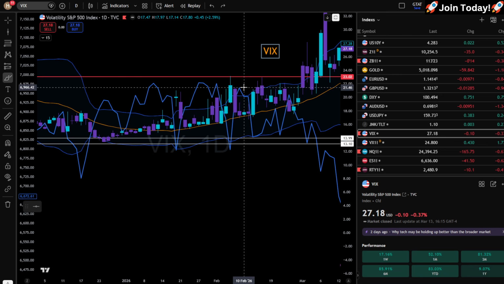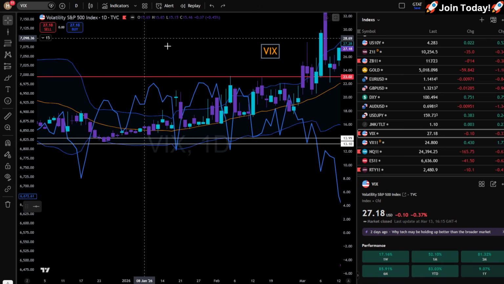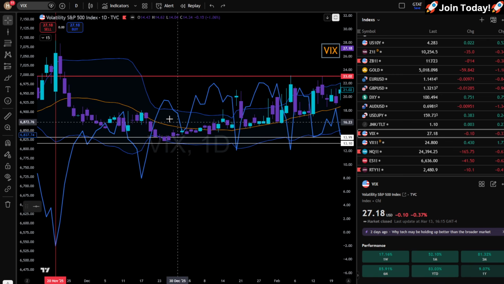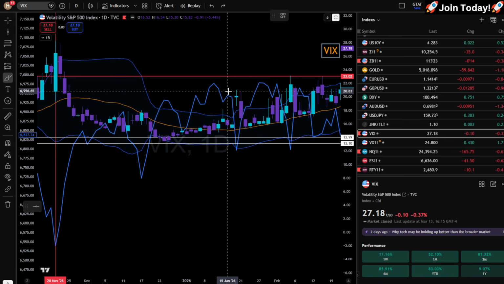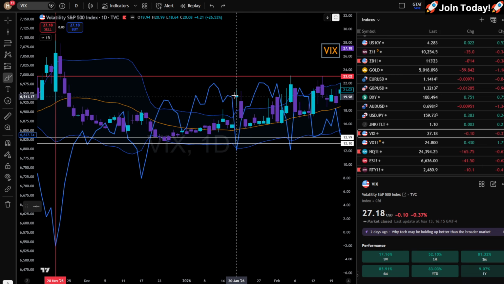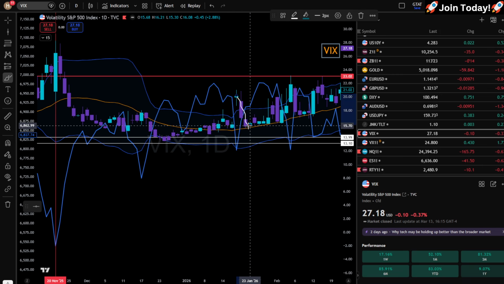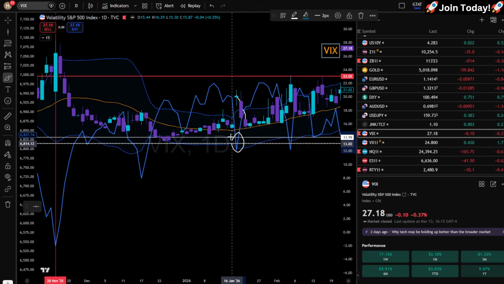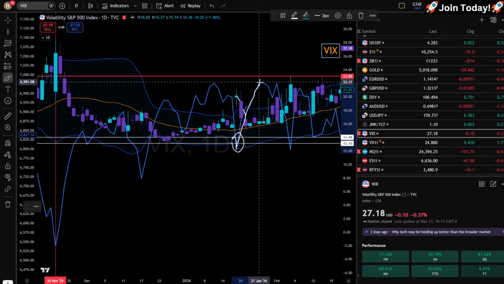Over here, let's look at it right here together. The VIX opened and closed outside of the upper bands. As it pulled back into the Bollinger Bands, the S&P bounced very, very dramatically.